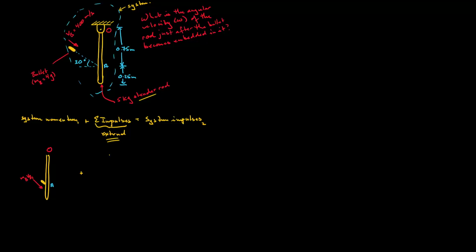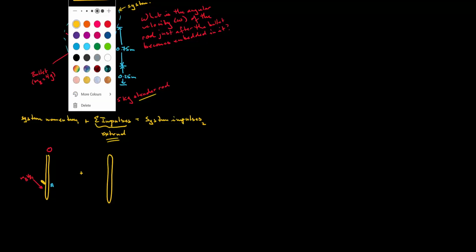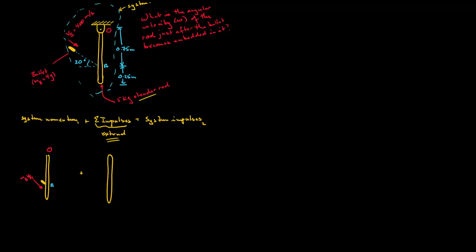Recall, our system is comprised of both the bullet and the slender rod. So I'm going to attempt to draw the bullet embedded inside the rod here. What do we have?